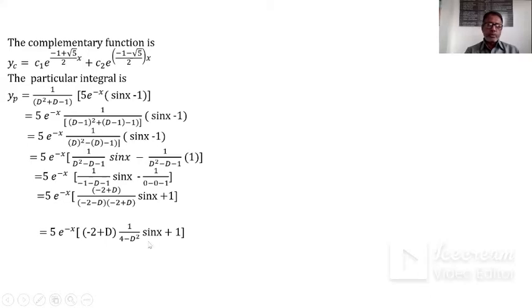Now here again we substitute D square by minus a square to operate this on sin x. Means we substitute D square by minus 1. Therefore this becomes 4 plus 1, that is 5. We take 1 upon 5 outside of this, and this 5 gets cancelled.